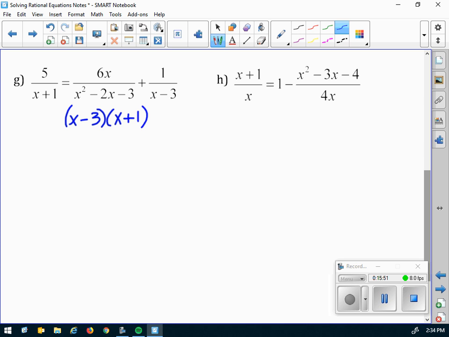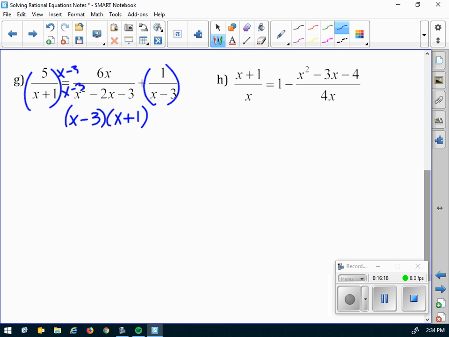Well, you guessed right. What's this first fraction need? It needs x minus 3. What does the second fraction need? It's already got x minus 3 times x plus 1.